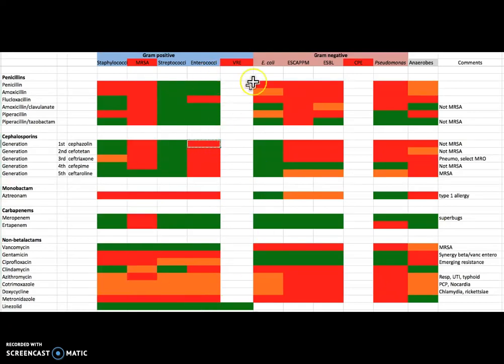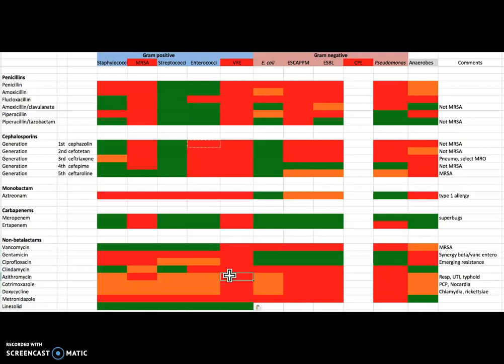So VRE is selected out by dual pressure, by lots of antibiotics being used, selecting out enterococcus species in the gut, and then vancomycin exposure causes them to become VREs.